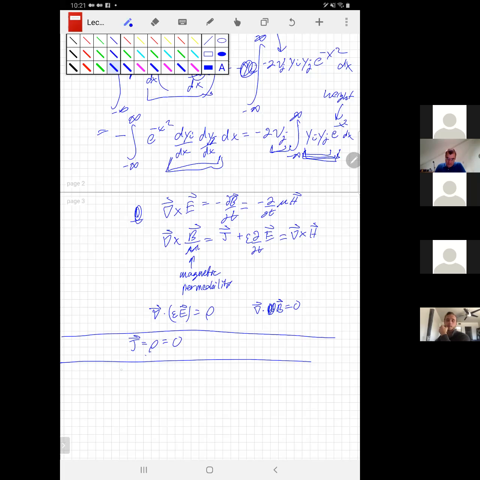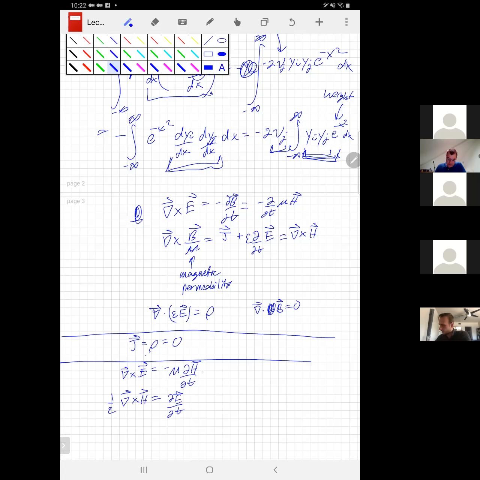Then I could rewrite this as del cross E equals minus mu partial H partial t, and del cross 1 over epsilon del cross H equals partial E partial t.